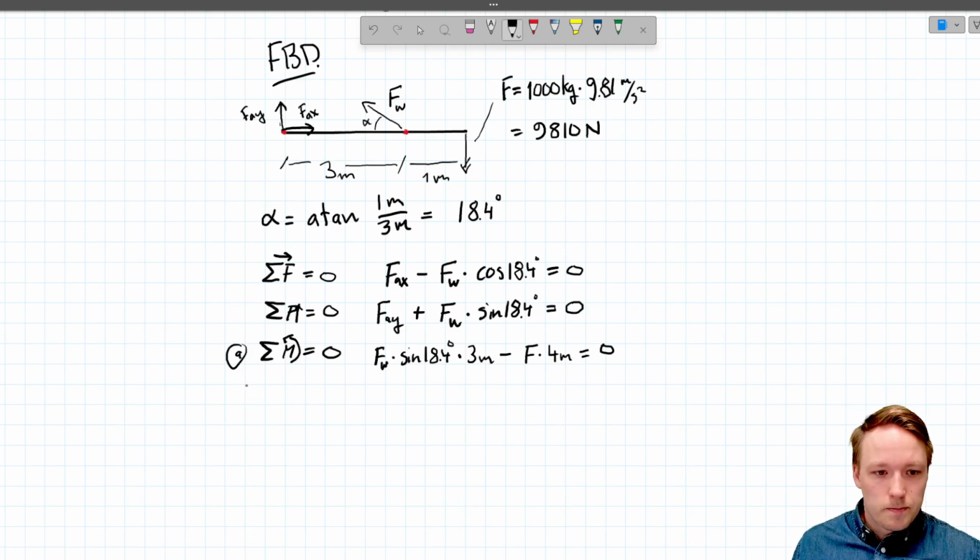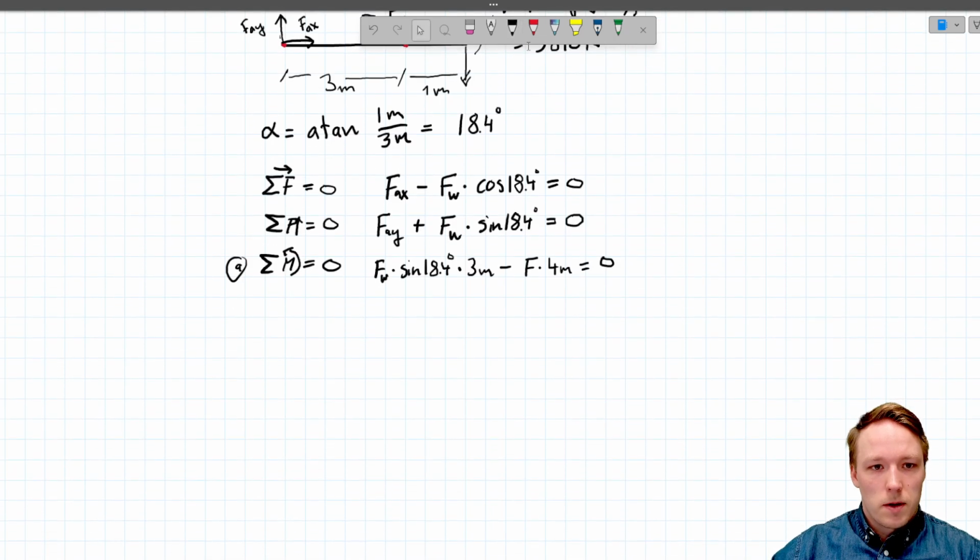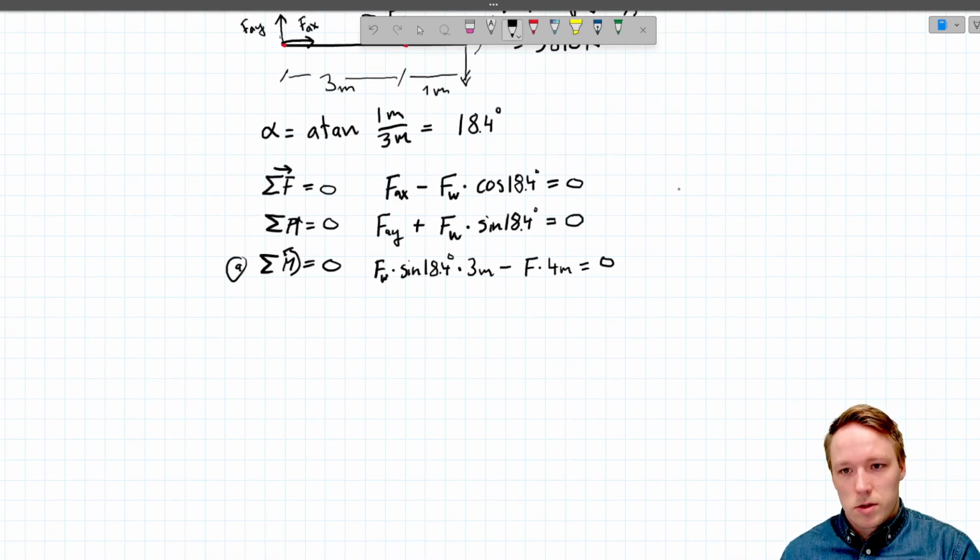And now let's number these equations. So this is equation number 1, 2, and this is number 3.